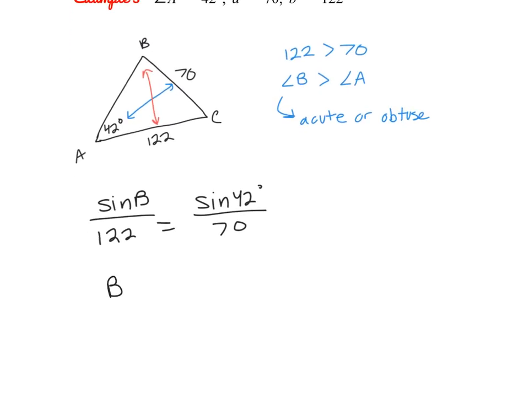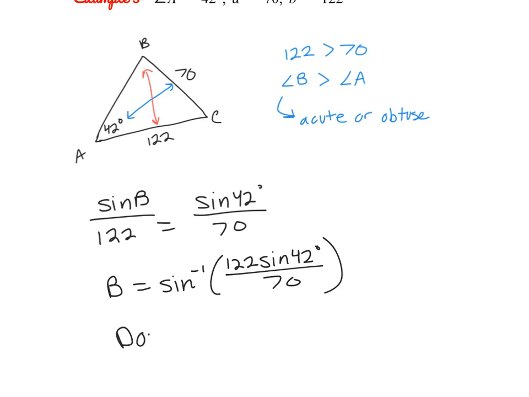So here, B is going to equal the arcsine of 122 times the sine of 42 degrees all over 70. And if you plug this into your calculator, you get domain error.